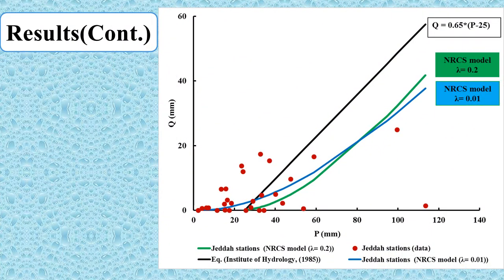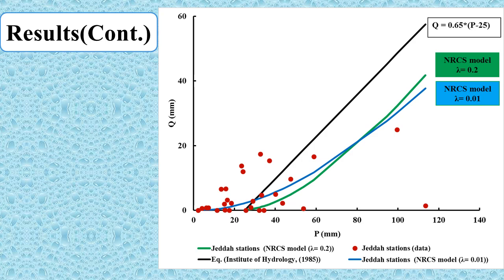Before we go to that, I also focus here on a comparison for the Jeddah region. I compare the Cn for lambda 0.2 and lambda 0.01, and we found different shapes.